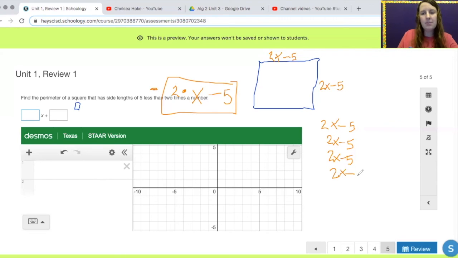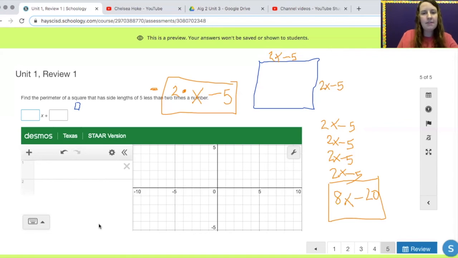Because remember, in a square, everything is the same. So when I combine the 2x's together, I get 8x. When I combine together my 4 negative 5's, I get -20. So the perimeter of that square is 8x minus 20.